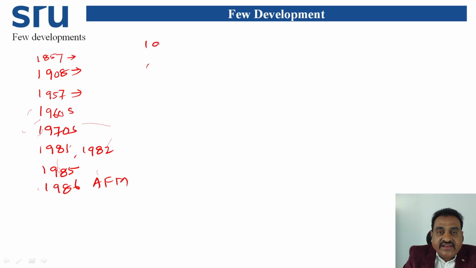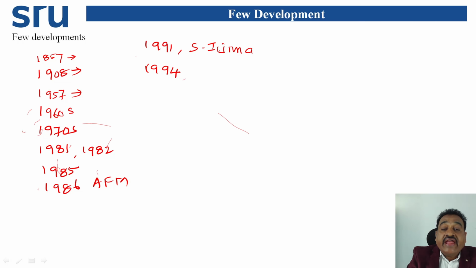In 1991, S. Iijima made carbon nanotubes. In 1994, stable gold nanoparticles were made in solution.